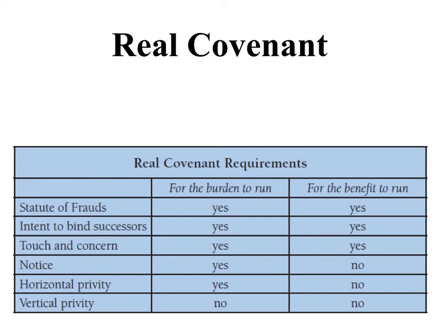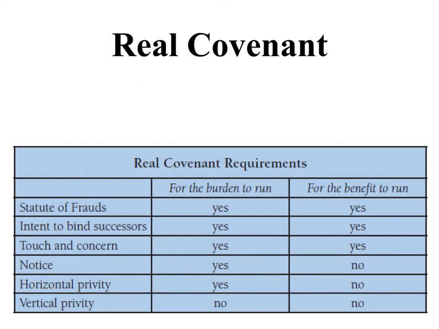Or inquiry notice. With inquiry notice, just a reminder, that means that had the party done their due diligence and inquired or asked the right questions, they would have easily found the covenant. So any one of these three types of notice would suffice.